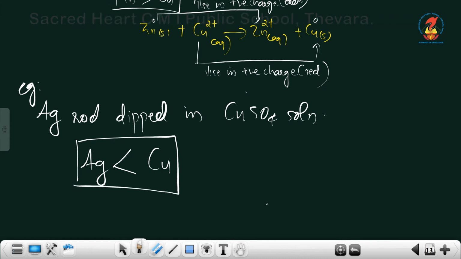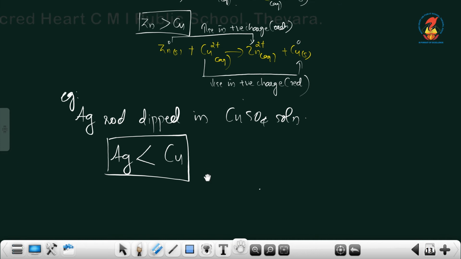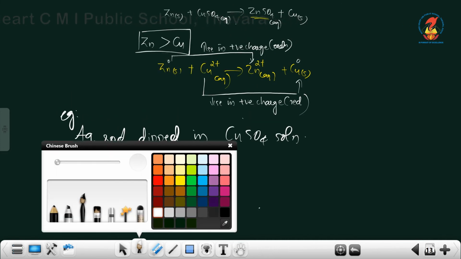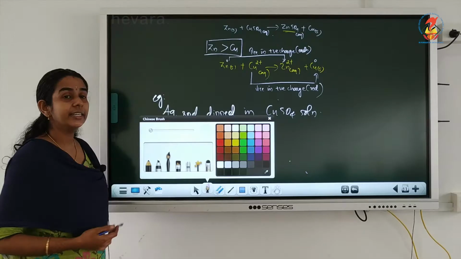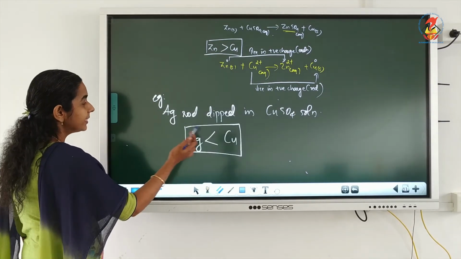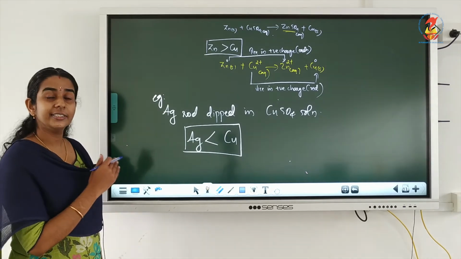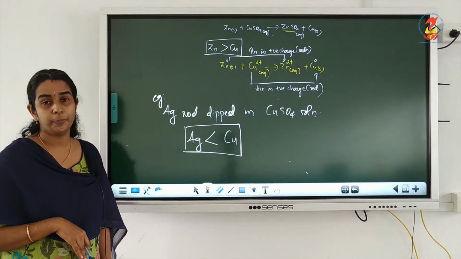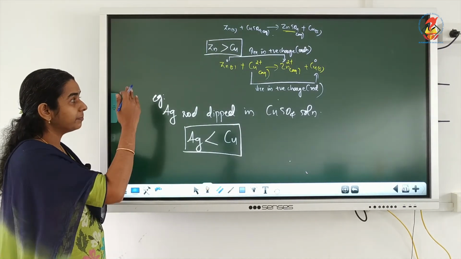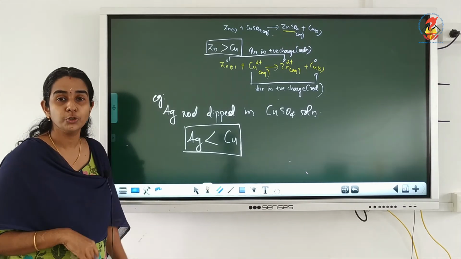So from the first experiment we have seen that zinc is more reactive than copper, and from the second experiment we have seen that silver is less reactive than copper. How can we summarize or club these two observations?